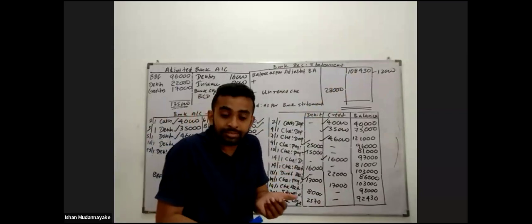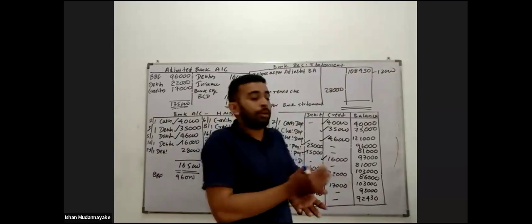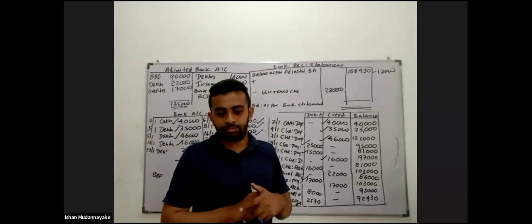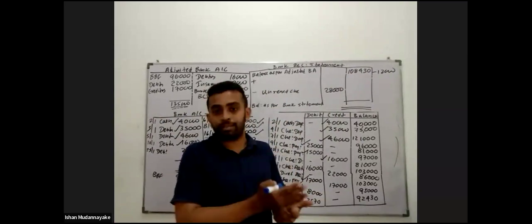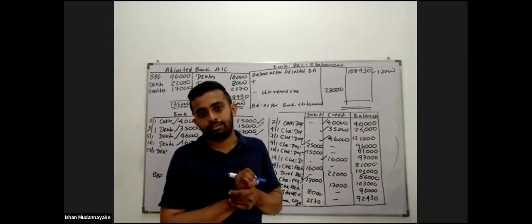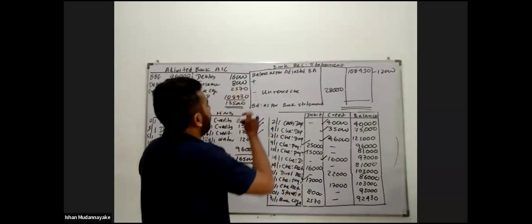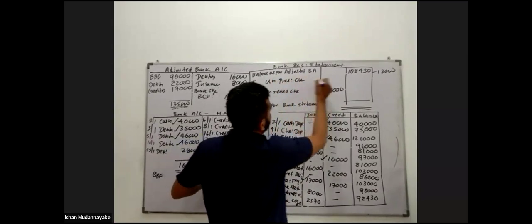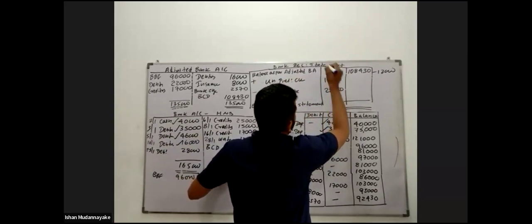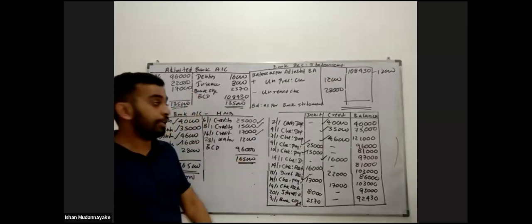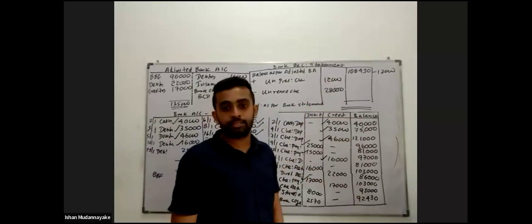If I add that check again to my balance, it will be equal to the bank statement balance. So here, unpresented check plus 12,000. You have deducted, then add that. Here you have added, therefore minus, deduct, subtract.